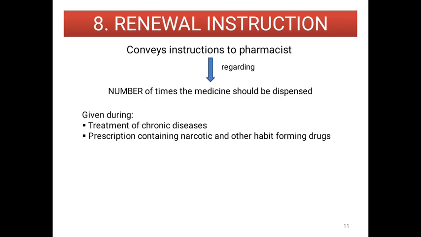It is mainly given in two cases, that is first one is treatment of chronic diseases. Chronic diseases means long-term diseases, and then next one, prescription containing narcotic and other habit-forming drugs.